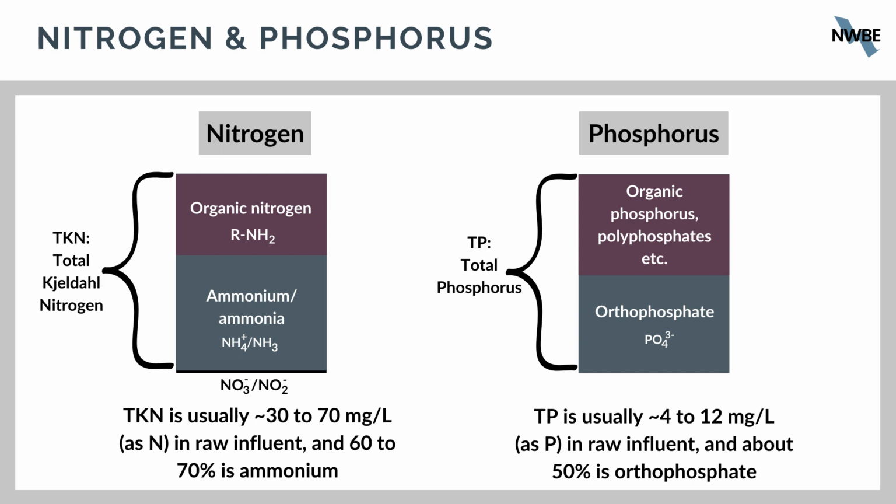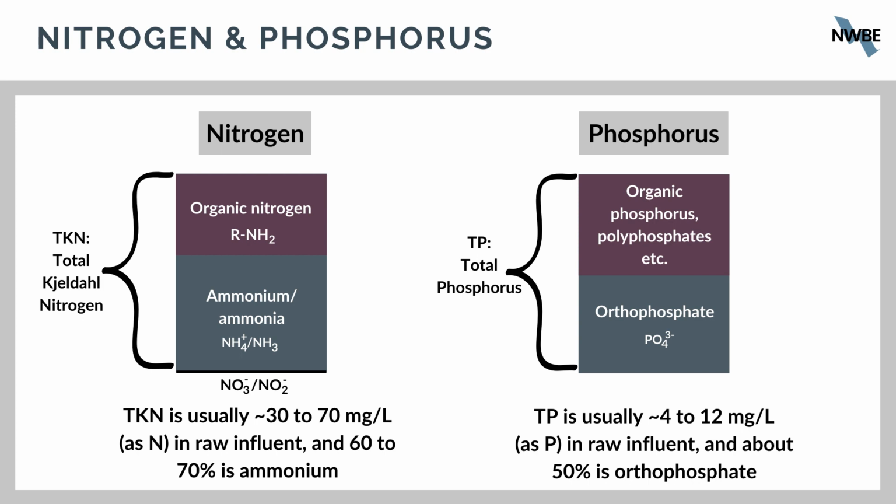TKN is the sum of nitrogen bound in organic substances and the nitrogen present as ammonium, that's NH4 plus, or ammonia, NH3. And just to note that because the pH of most environmental waters, including wastewater, is close to 7, most of the ammonia species in wastewater is actually the ammonium ion, or NH4 plus.